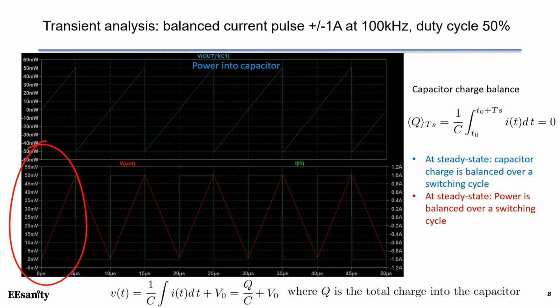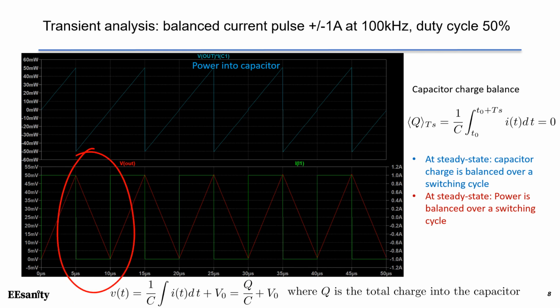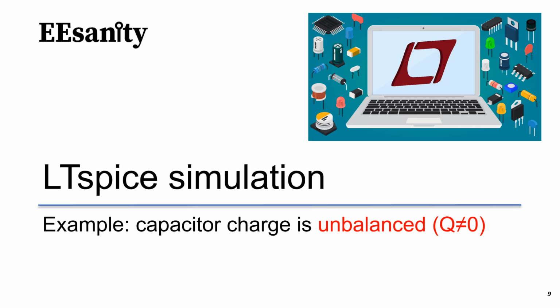At 5 microseconds, the capacitor current changes direction and becomes -1 amp. That means the charge is flowing out of the capacitor back into the current source I1. In this case, the voltage over the capacitor drops until it hits 0 and rises up again. So this behavior is at 100 kHz.